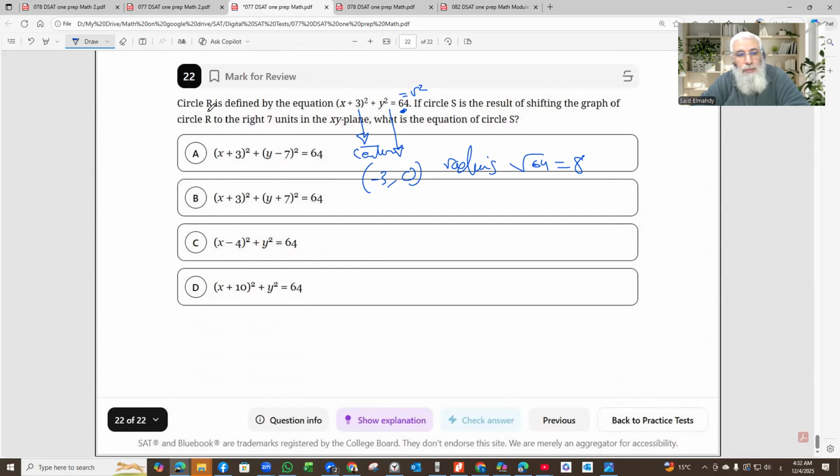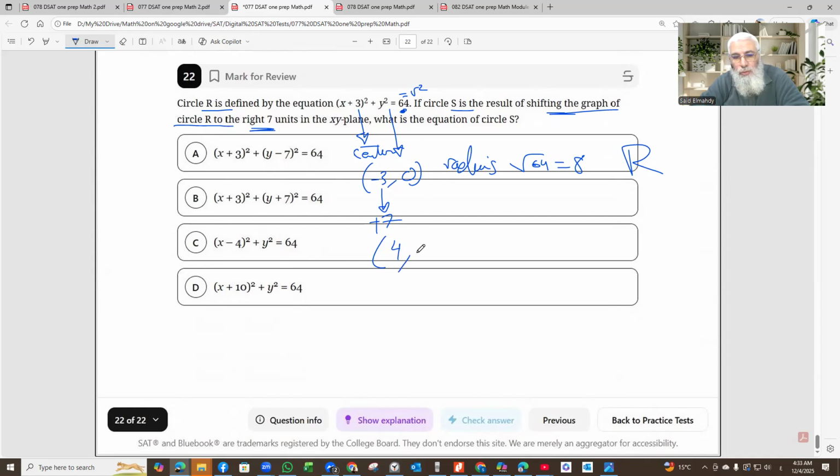If circle S is the result of shifting the graph of circle R 7 units to the right, then to the right we add 7 to this. So negative 3 plus 7 is 4.